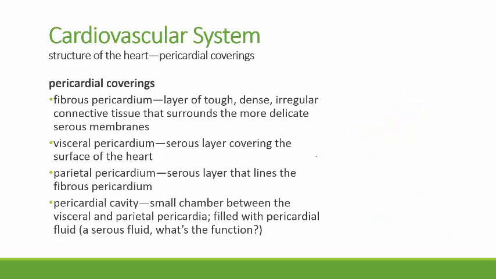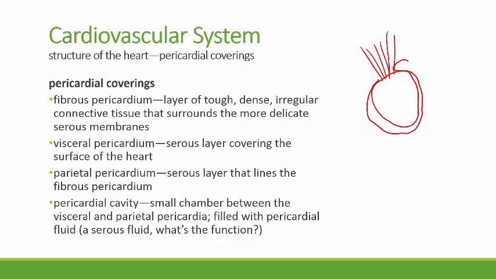Okay, so it is surrounded by what are referred to as the pericardia. So again, here's the heart with its blood vessels. It looks more like a strawberry, but hopefully you got the idea. And surrounding the heart, there are layers of connective tissue and some serous membrane that protect the heart. And so it's this double fold.